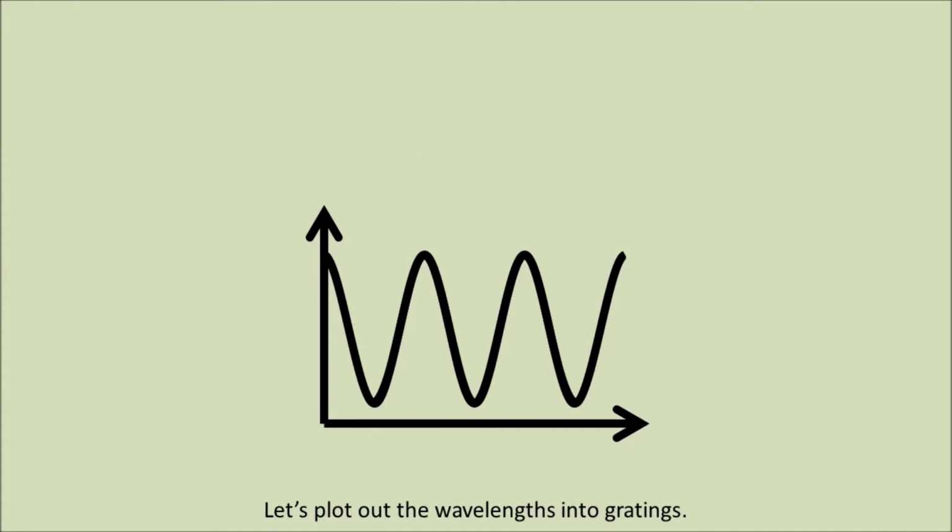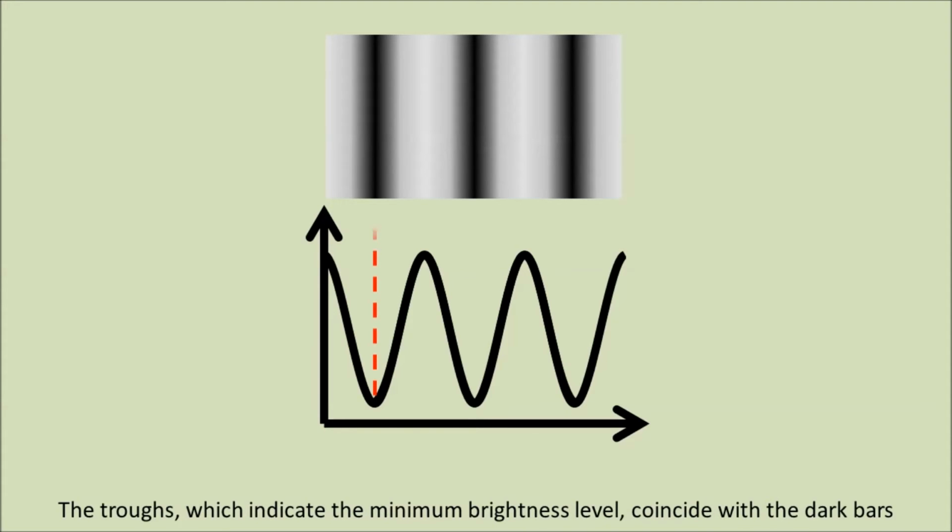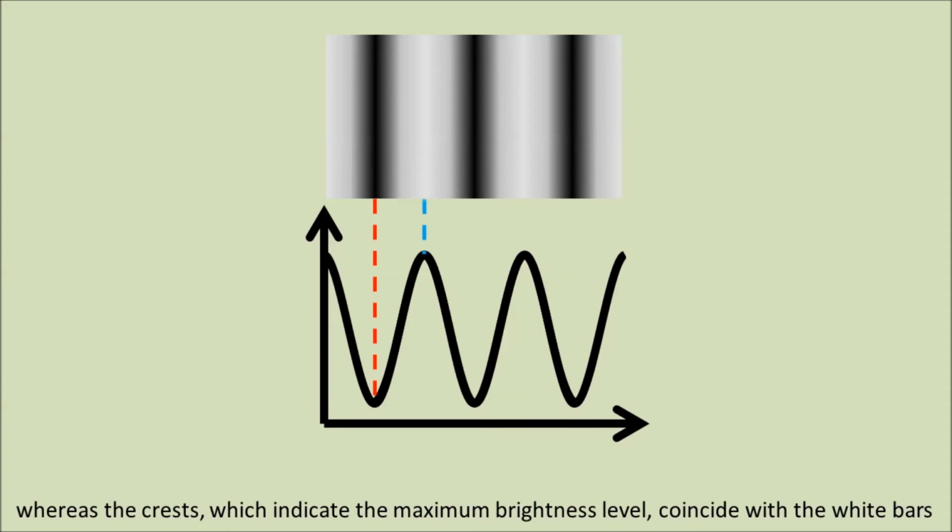Let's plot out the wavelengths in two gratings. The gratings consist of bars of alternate brightness levels, which coincide with the crests and troughs of the wavelength. The troughs, which indicate the minimum brightness level, coincide with the dark bars, whereas the crests, which indicate the maximum brightness level, coincide with the white bars.